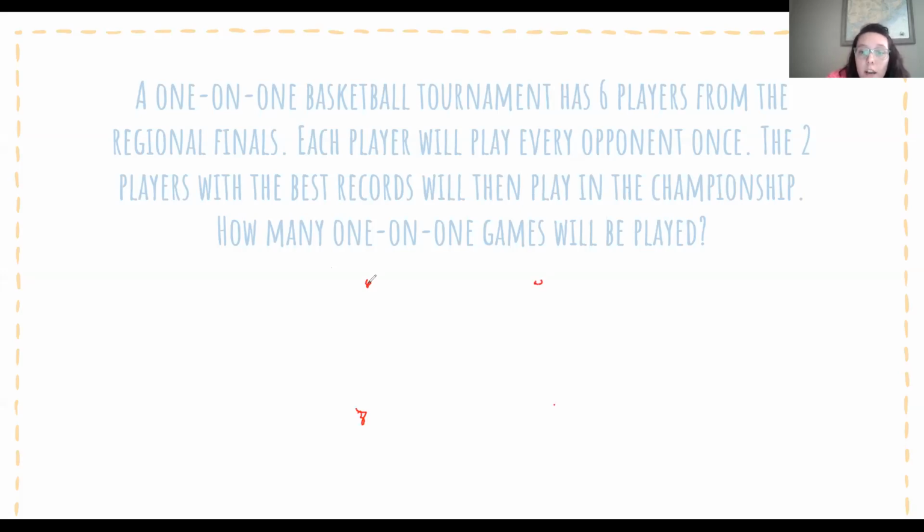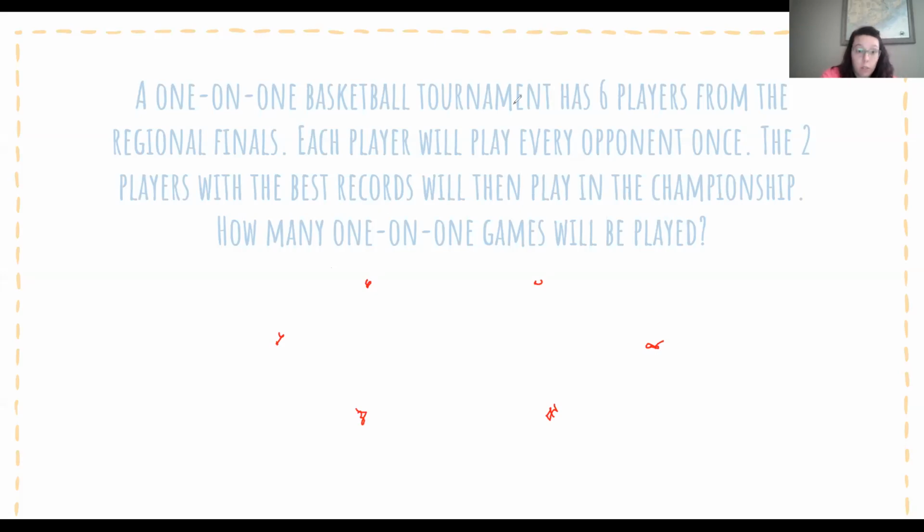Okay, so I have a total of 6 players, and this is for those of you that are a little more visual to see this, and I'm gonna use different colors to hopefully help you see this. One way that you can do this is to take the first player or the first dot and connect them to all 5 players and then count the number of lines at the end.